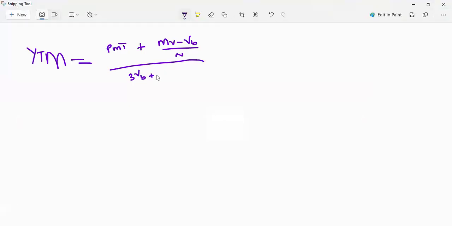It's given by the coupon payment plus the face value minus the value of a bond divided by n, over 3VB plus MV, divided by 2.